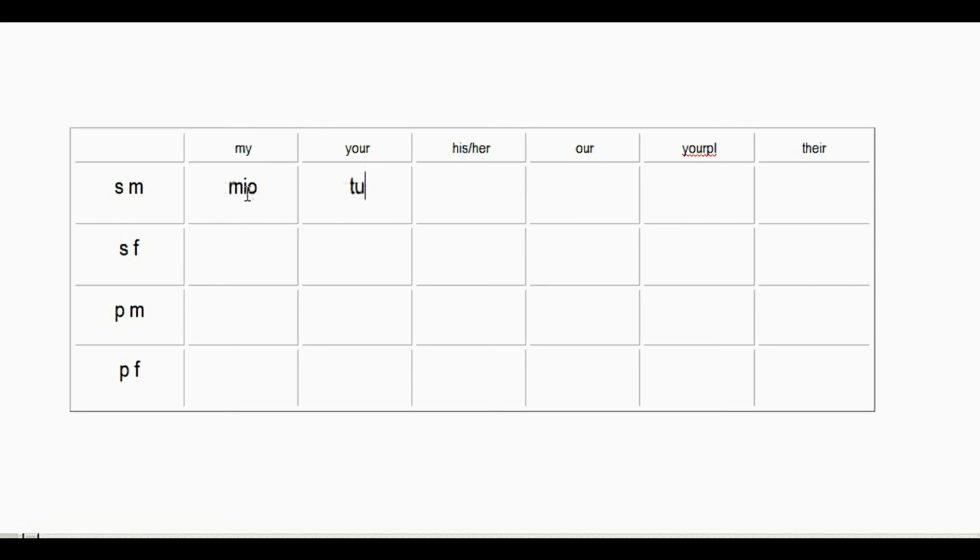Mio, tuo, suo, nostro, vostro, loro, invariable. Femminile, singolare, mia, tua, sua, nostra, vostra, and again, loro.